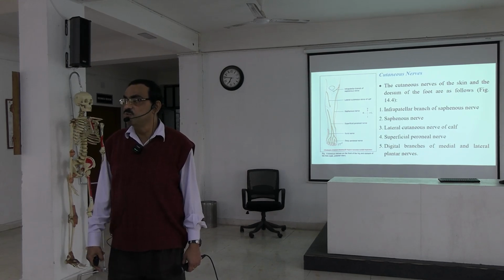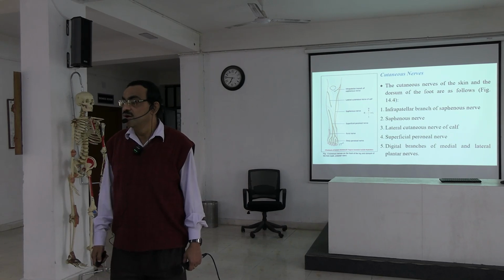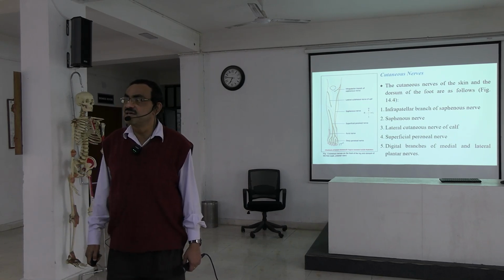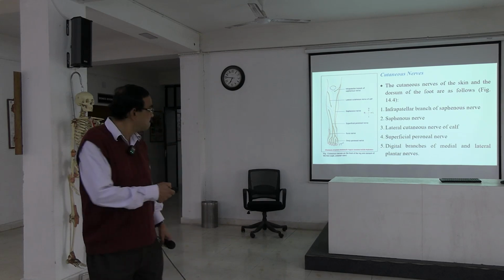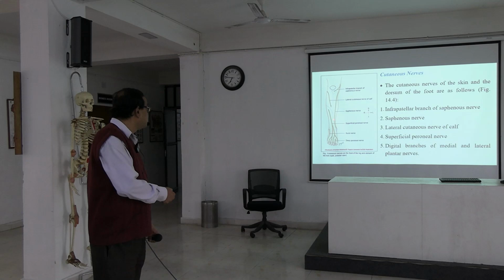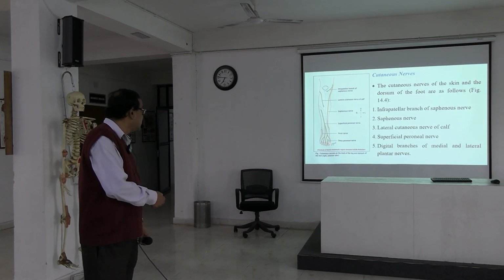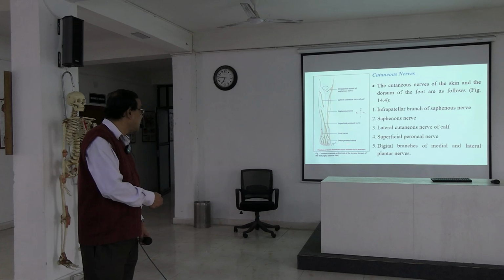Except for the web space of the great toe and the second toe, the rest of the cutaneous supply is by the superficial peroneal nerve, and this area is supplied by another nerve which is called the deep peroneal nerve.